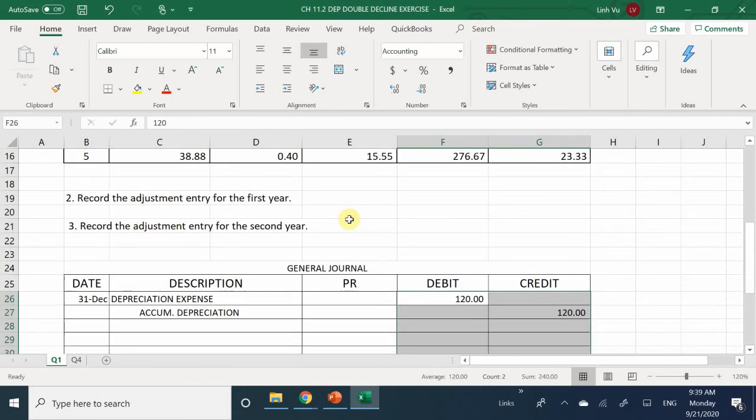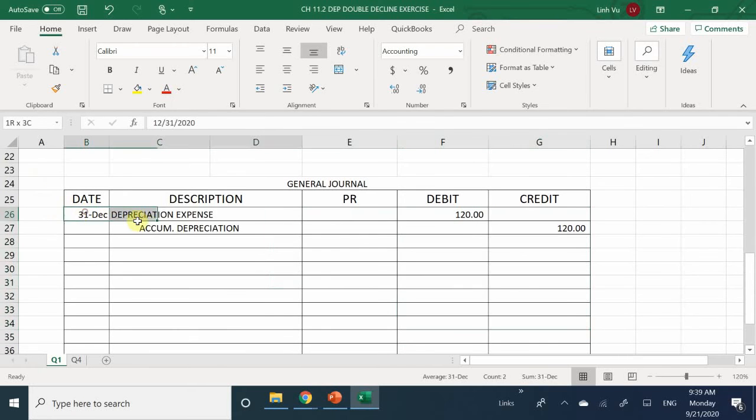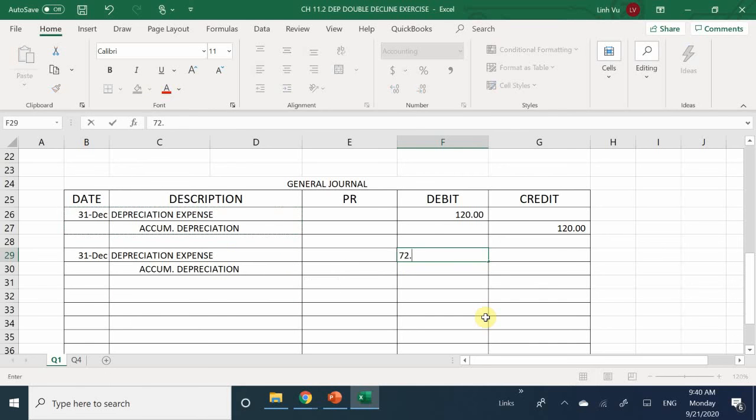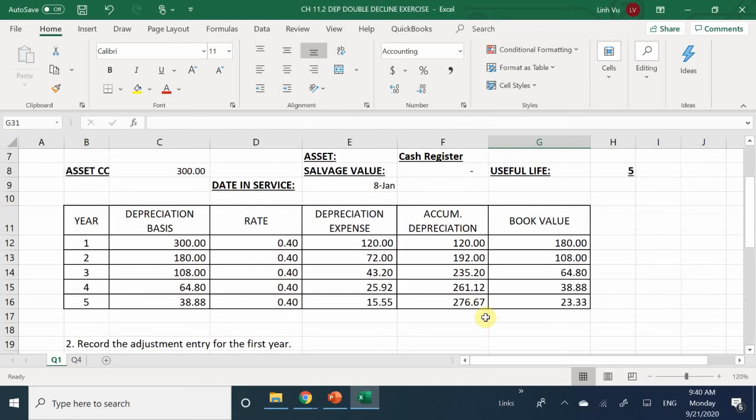But for what amount now? 72. For 72. Okay, so here's year 2, and this time it's going to be for $72. Okay. Good. Any questions in regards to how we solve this particular question?